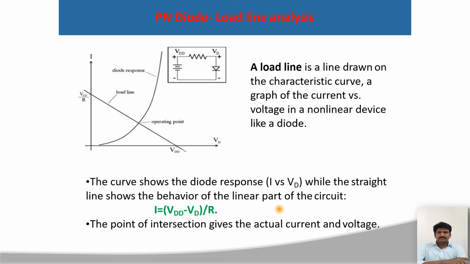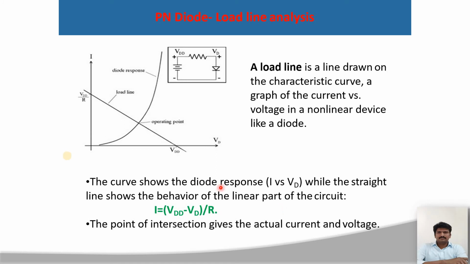Load line analysis. A load line is drawn on the characteristics graph of current versus voltage in a non-linear device like a diode. The curve shows the diode response, current versus diode voltage, while the straight line shows the behavior of the linear part of the circuit.